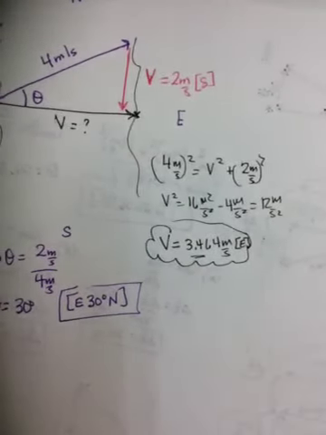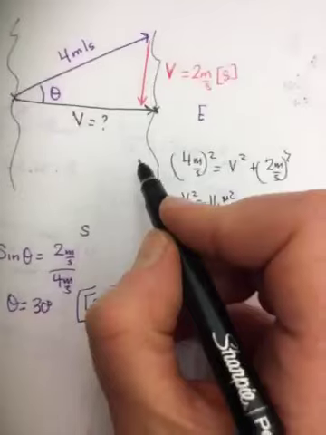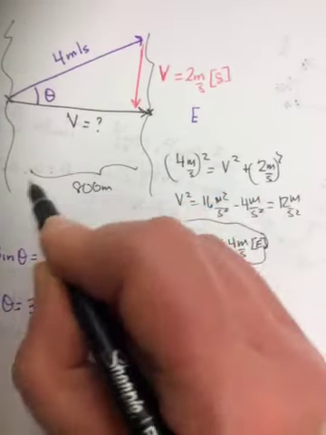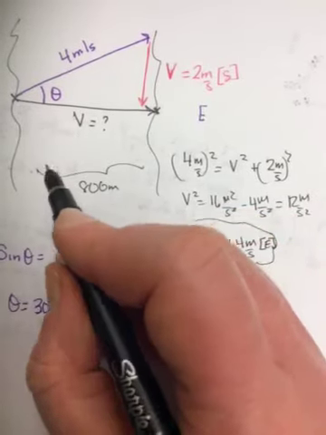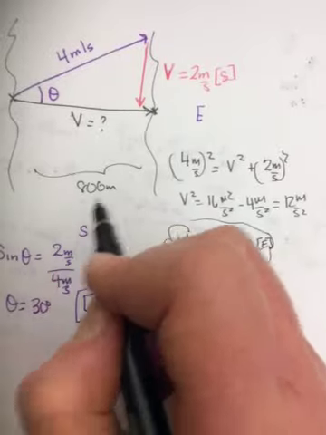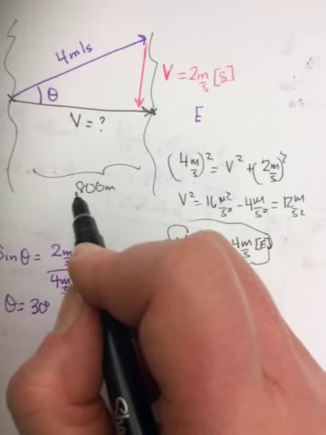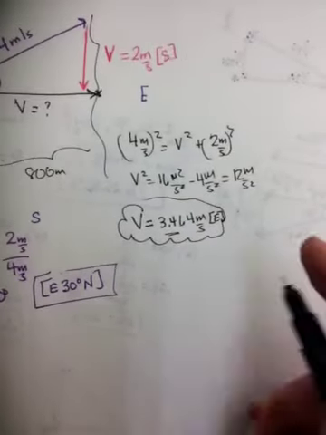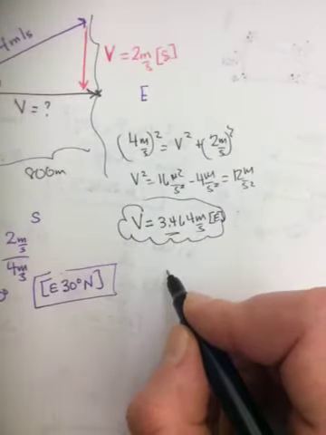Okay, and now the question wants to know, how long did the trip take? Remember, in the previous example, it told us the distance across here was 800 meters. Remember, I said that when you use this 800 meters, you have to use the velocity that's going in the same direction as it. So this time we have to use our 3.464 meters per second.